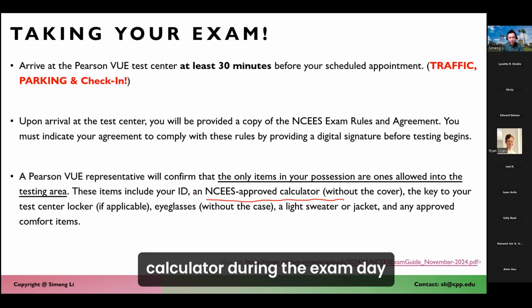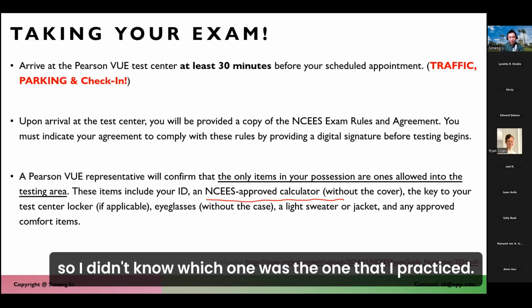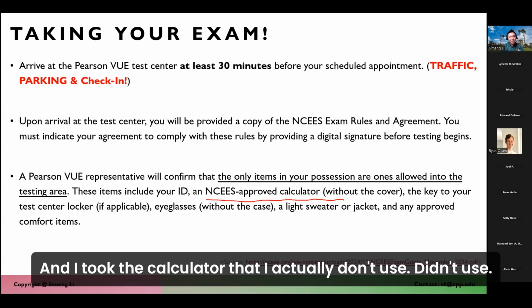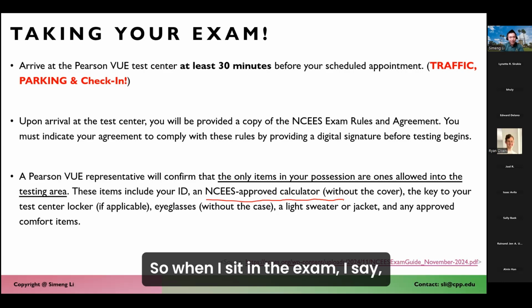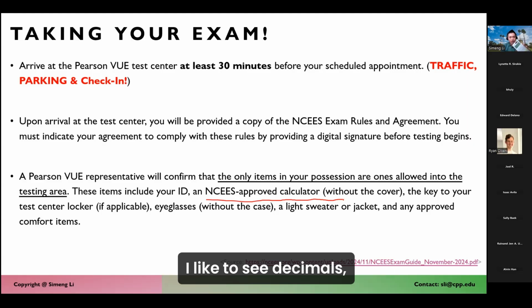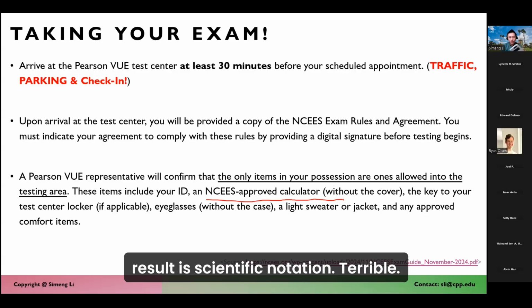However, when I opened the other calculator on exam day, because the two calculators look the same, I didn't know which one was the one I practiced on regularly. And I took the calculator that I actually hadn't used. So when I sat in the exam, I said, oh no, this is not the same mode. I like to see decimals, but what I was seeing in the calculation result was scientific notation.